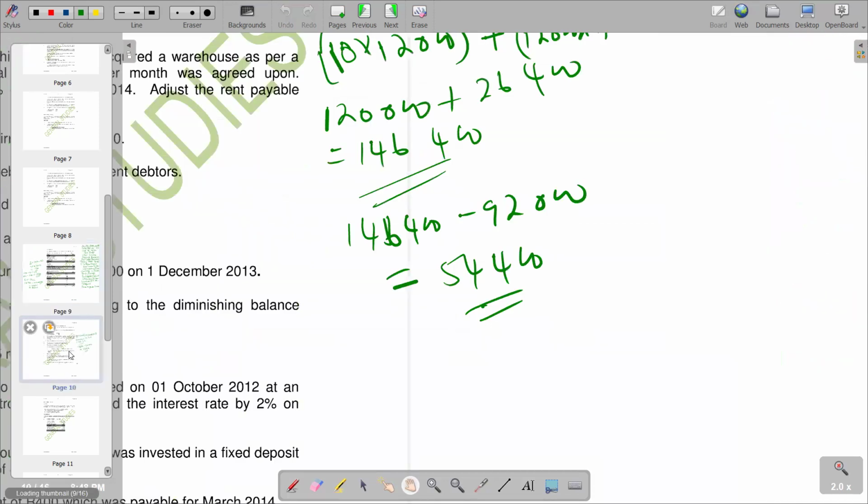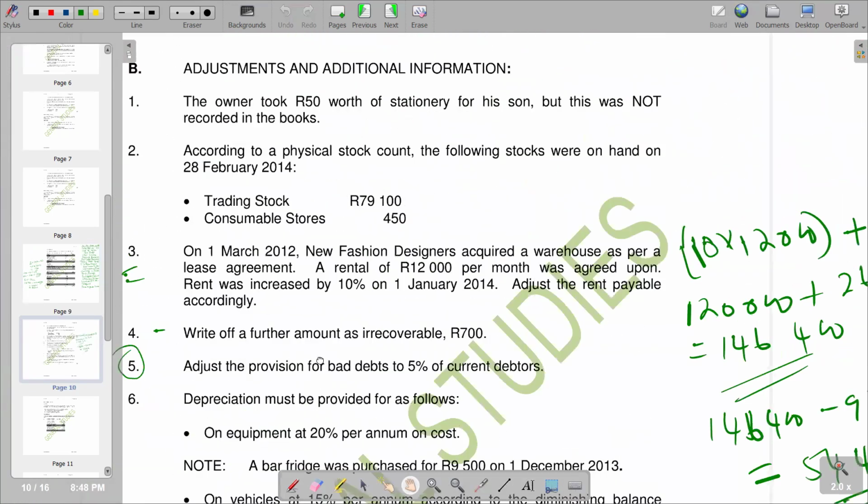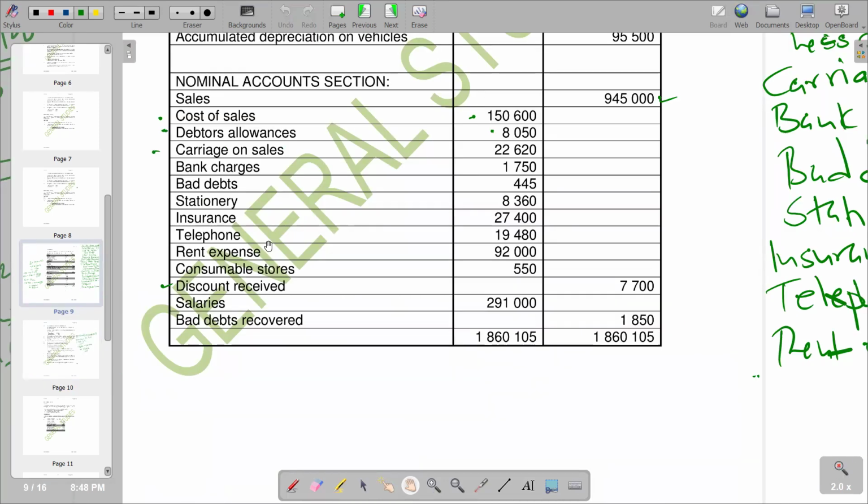So here we come here, you see that at the end of the period, we had consumable stores of 450. So we are saying we subtract 450 from 550, then we get the figure for consumable stores, which is obviously going to be 100.